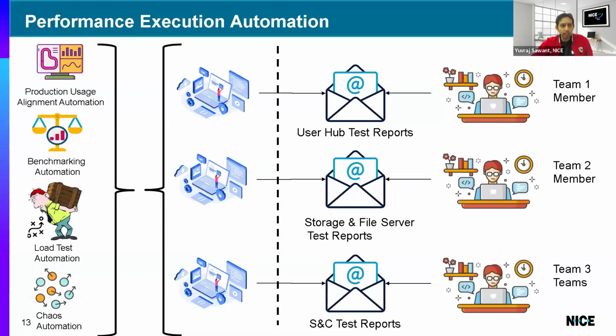Finally, these are a few of the things that actually matter. Monitor your production usage. Focus on benchmarking. What we have observed in performance engineering is the thinking that, I have to support 1 million users, so I will test with 1 million users. Ideally, performance engineering has to move away from that thought process.